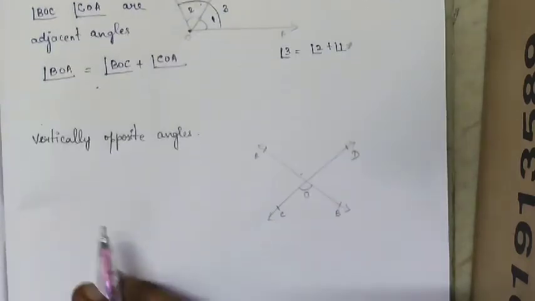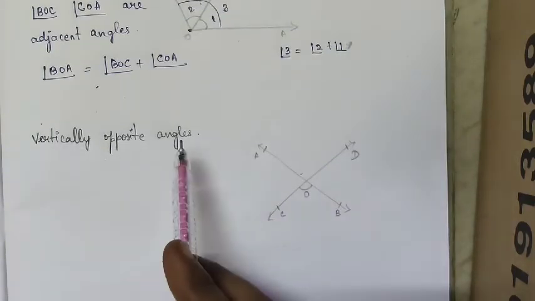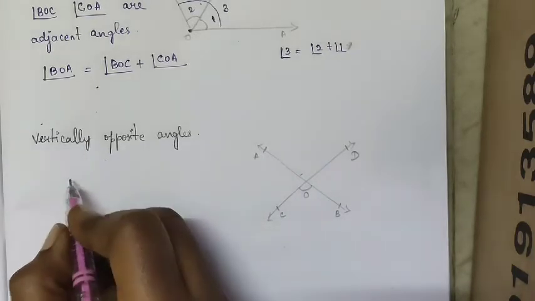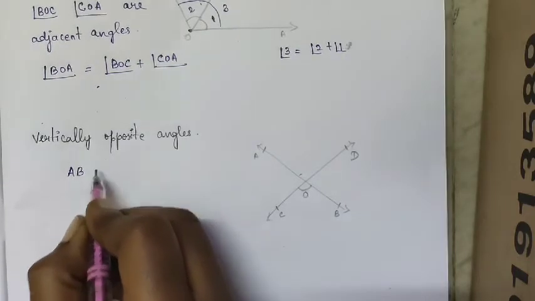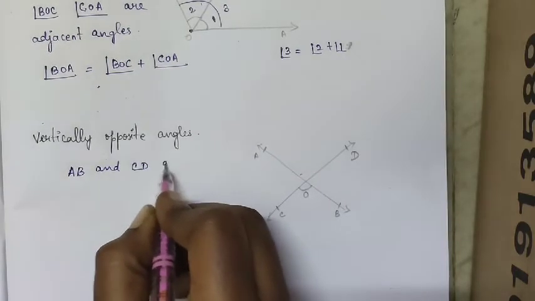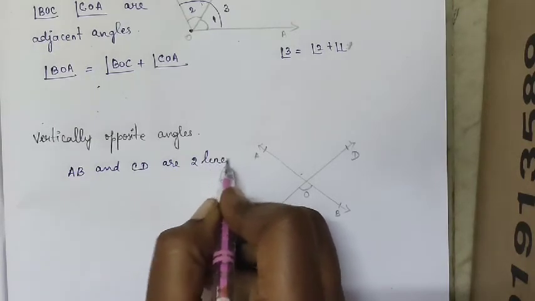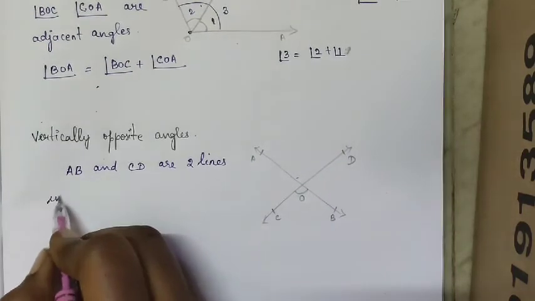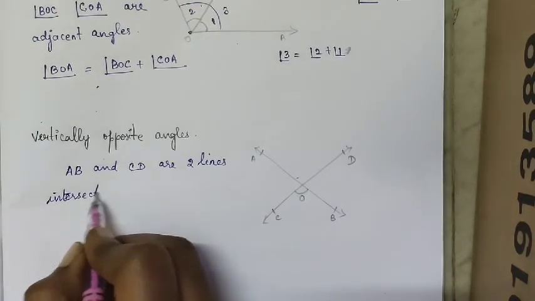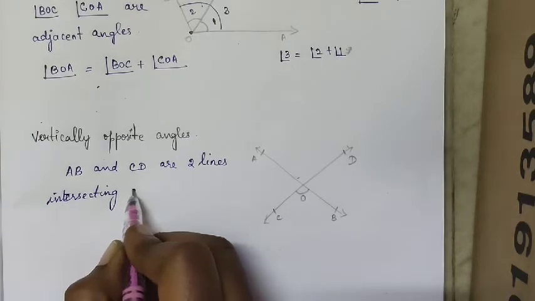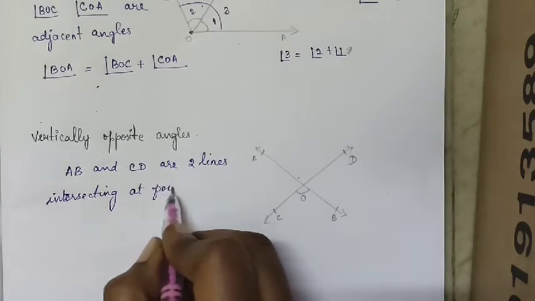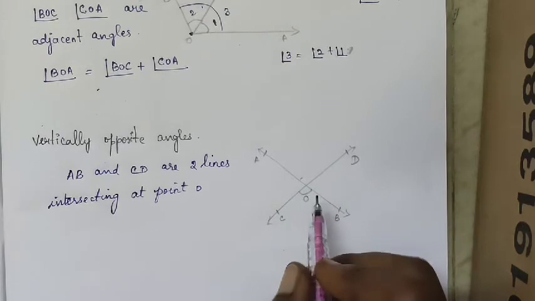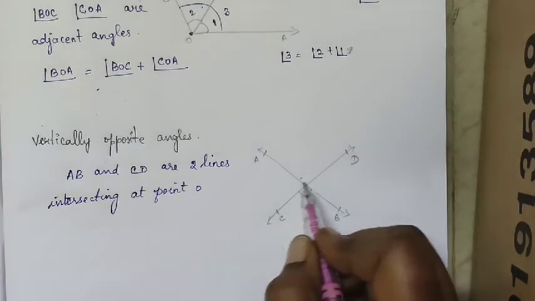The next is vertically opposite angles. Vertically opposite angles means there are two lines, AB and CD. These two lines intersect at the point O. When these two lines intersect at the point O, they make angles.